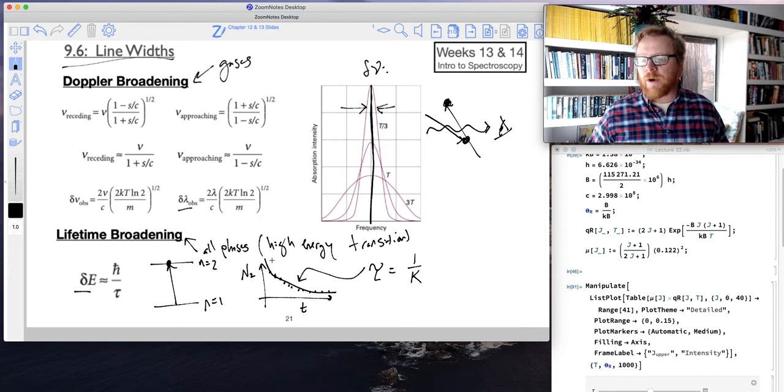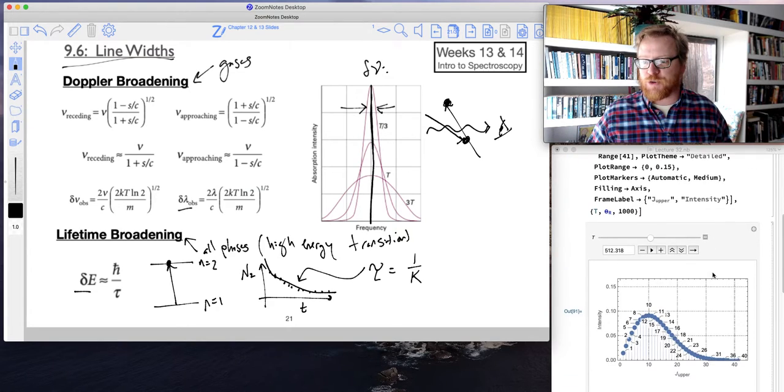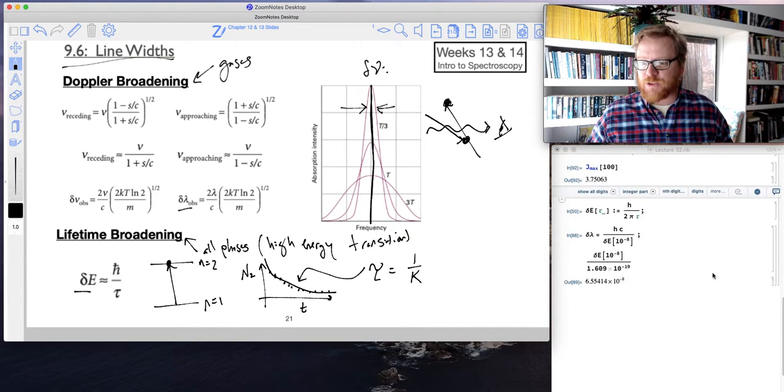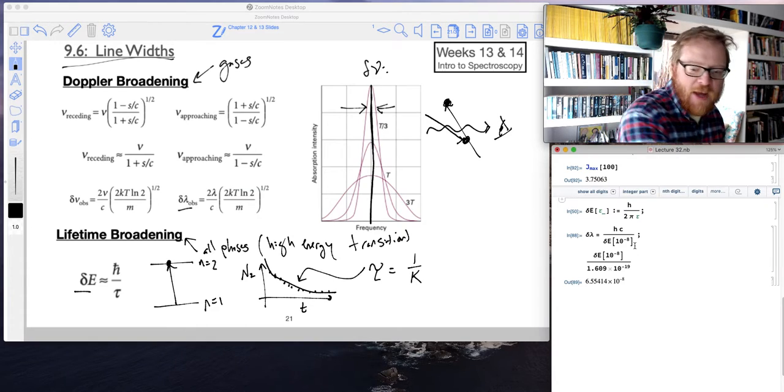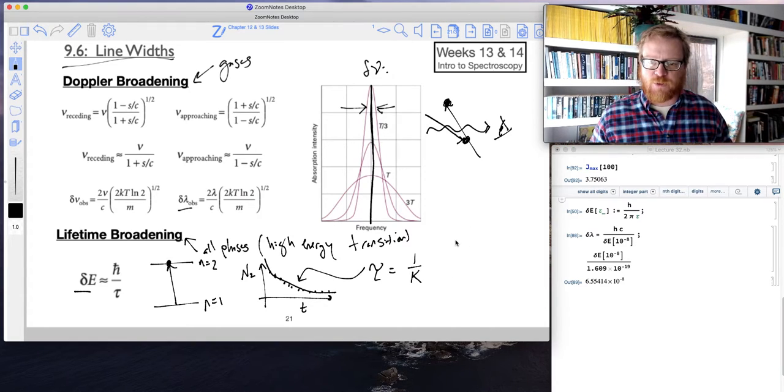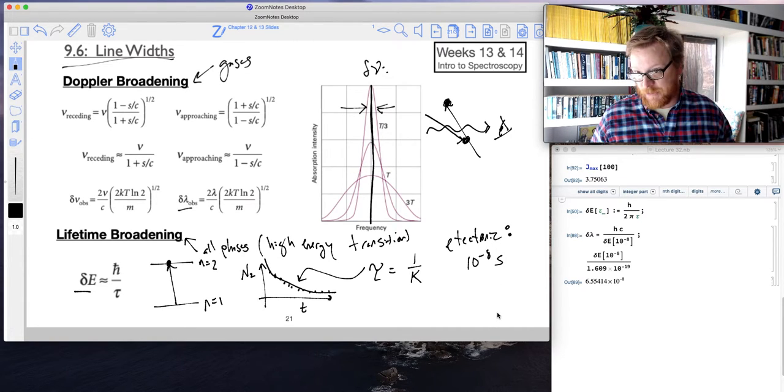And I've got some more calculations here just to demonstrate this point. A typical lifetime for an electronic state, so let's write that down: for the electronic levels, a typical lifetime is about 10 to the minus 8 seconds.